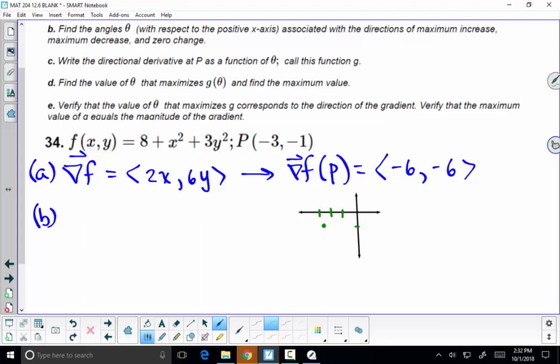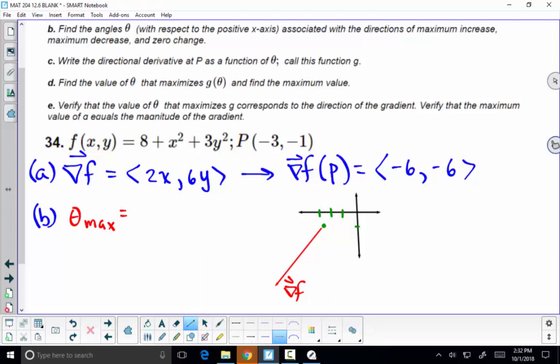That tells us that at that point, the gradient is -6, -6, so the gradient is pointing this direction. That's del f. So what's an angle for the direction of maximum increase? 5 pi over 4.